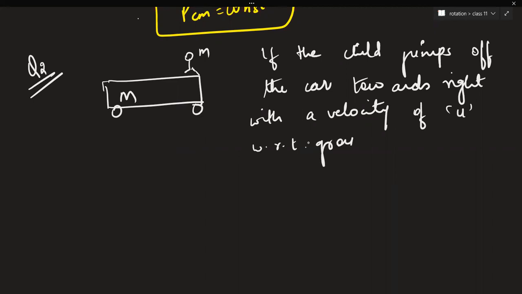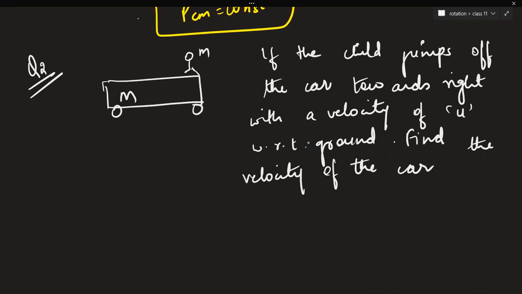It means this is the normal velocity, relative velocity we are not calculating. So find the velocity of the car after the jump.